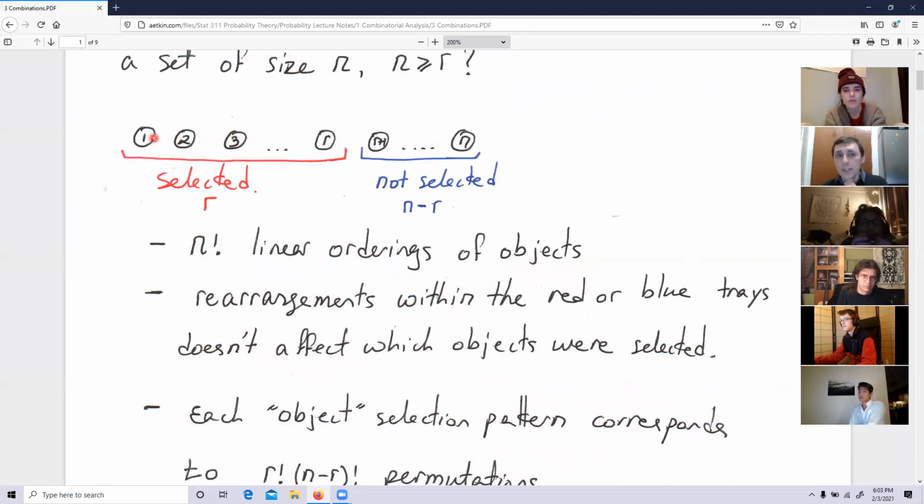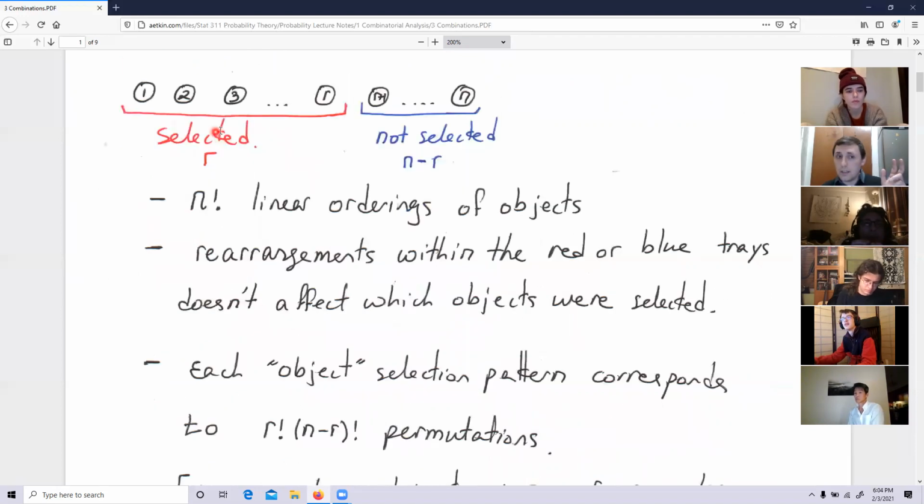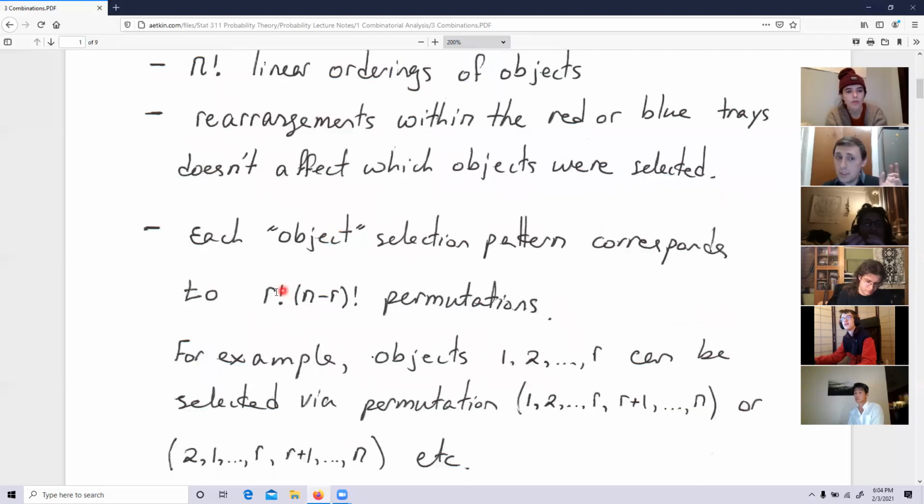For each particular placement, if individuals 1 through R are on the red tray and individuals R plus 1 to n are on the blue tray, I can see that rearranging those individuals does not affect anything. How many rearrangements are possible? R factorial times n minus R factorial. Yes?